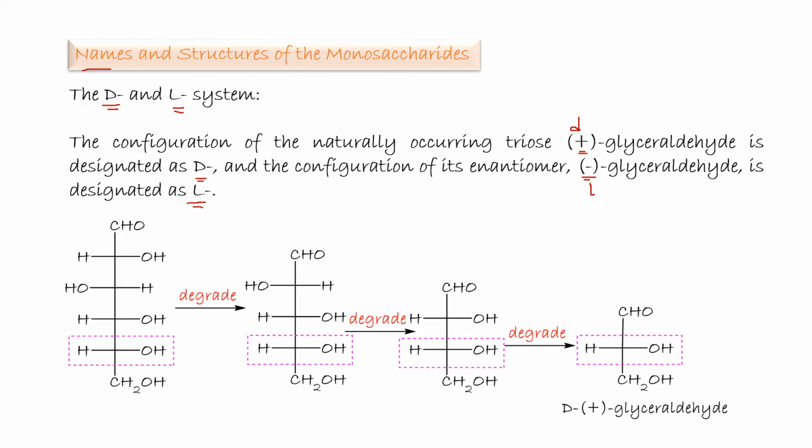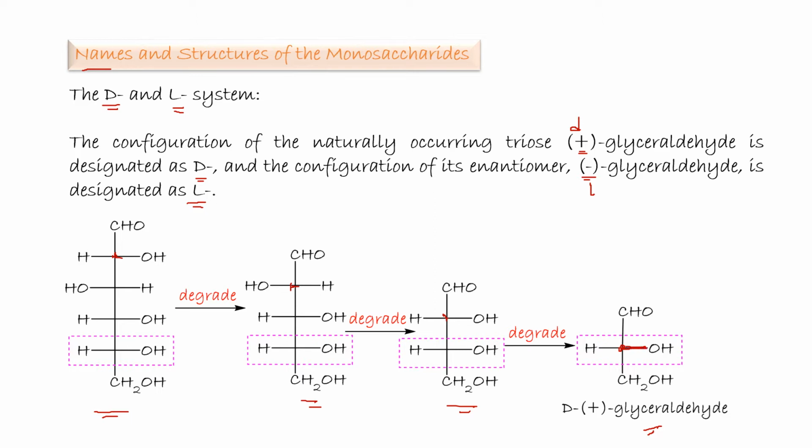for this purpose. The monosaccharides, upon degradation, as we see here, you eliminate one carbon, then another one, then another one, until you reach the dextrorotatory glyceraldehyde. The chemists found that for this dextrorotatory glyceraldehyde, this OH is on the right hand.